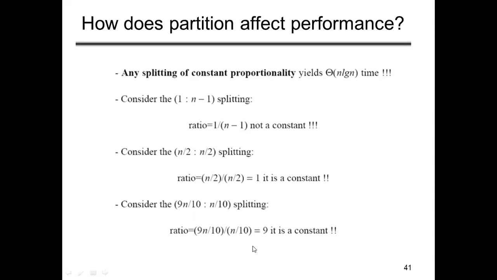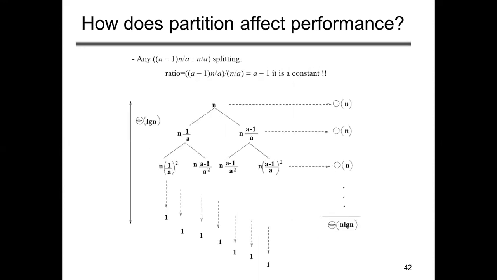The ratio is 9, which is also a constant value. So how does partition affect the performance of quicksort? Any a minus 1 divided by n, n by a splitting: the ratio is a minus 1 into n divided by a, n by a, which is equal to a minus 1. It is a constant value.